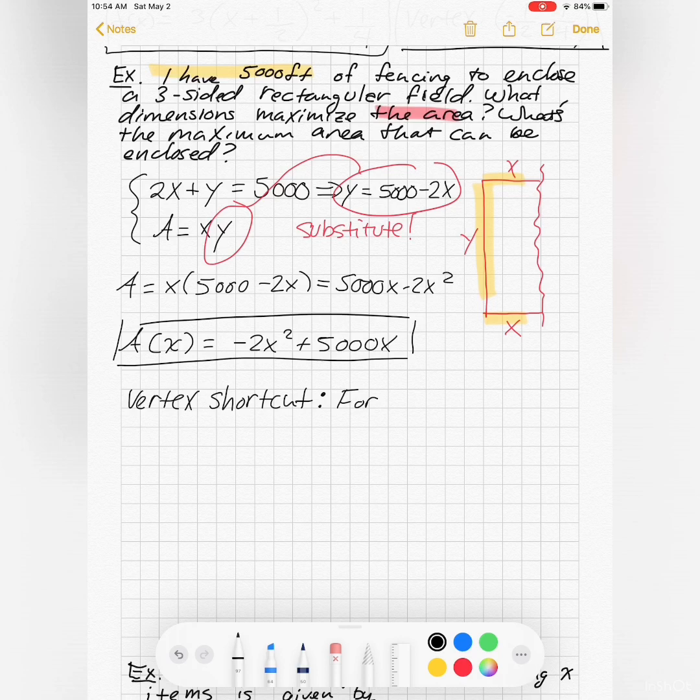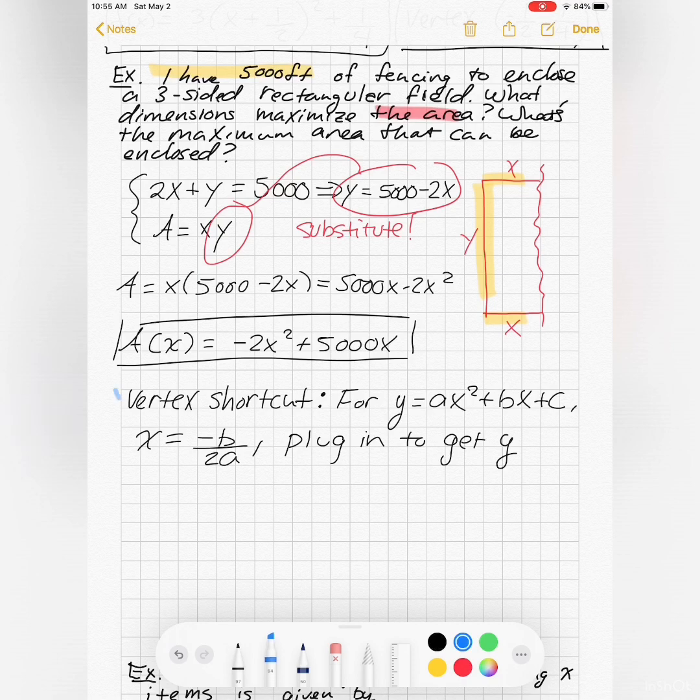If I have my parabola, ax squared plus bx plus c, the x coordinate of the vertex is negative b over 2a. After I've found that information, I have to plug the x in to get the corresponding y. So this is my vertex shortcut formula. This is the part you really have to remember.